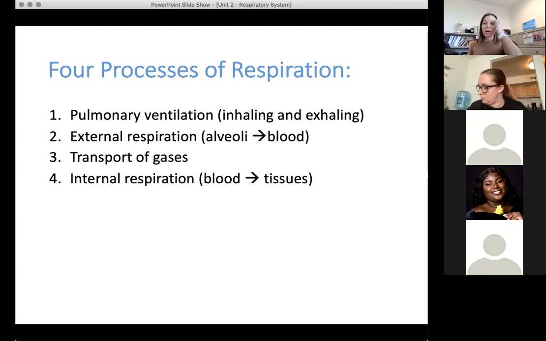Okay, then while these gases are in the body, they have to be carried somehow. So that's the transport of gases. Blood is doing this.